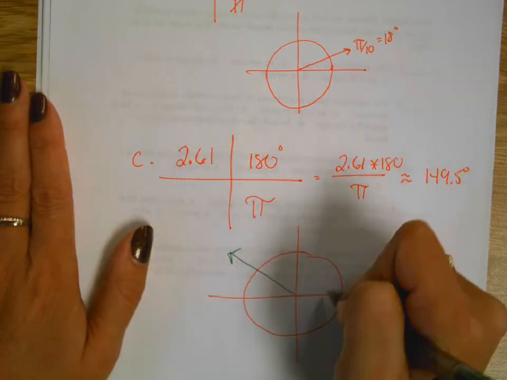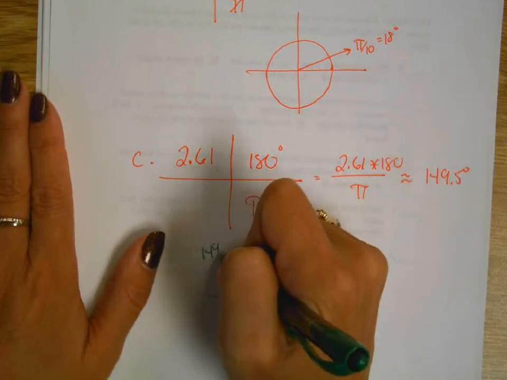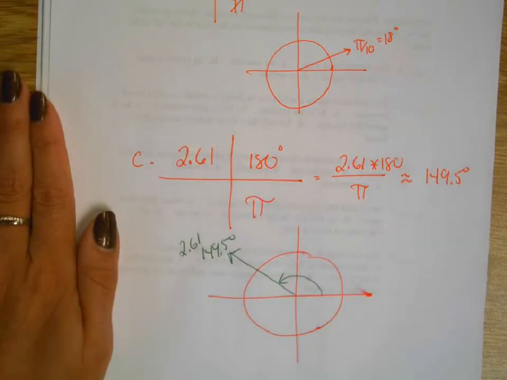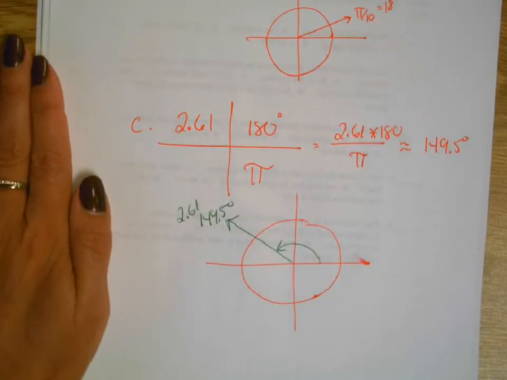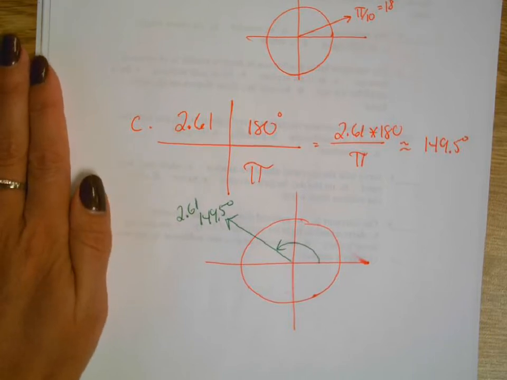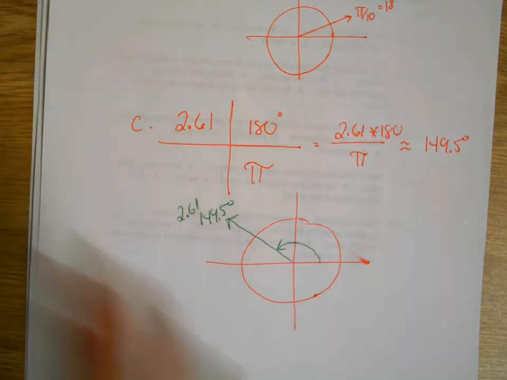About there. 2.61 radians. There is no symbol for radians. I was putting a little R underneath it, but they usually do no symbol for radians at all. So when it's talking about an angle measure and it doesn't have a degree, it's automatically a radian. Okay, I think I'm done.